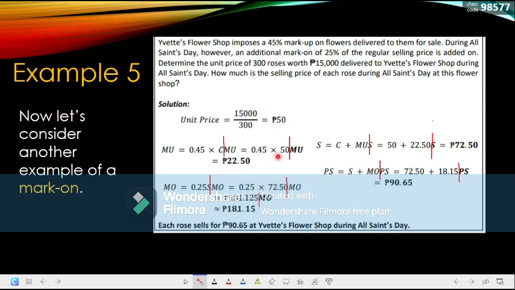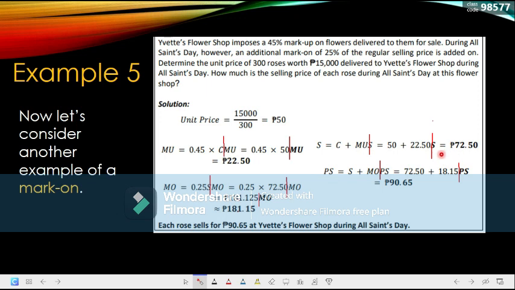So we have the markup is 22.50. Now let us proceed. We have here the selling price. Since we have 22.50 as our markup, and remember the selling price is equal to the cost price plus the markup. Therefore, the selling price is equal to 50, which is the cost price, plus the markup, which is 22.50. So our selling price is 72.50.